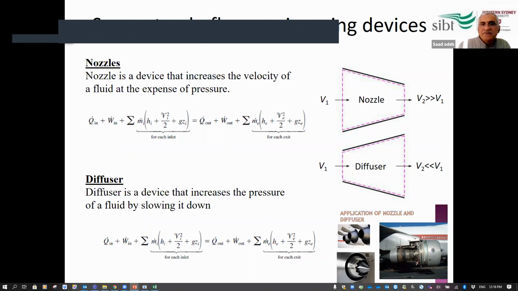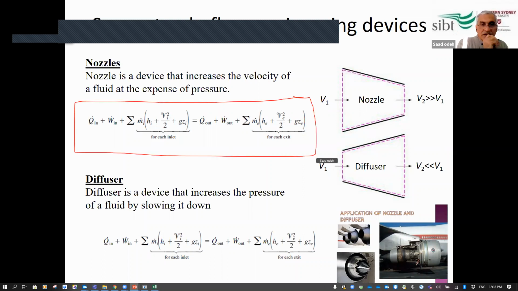We said that the nozzle can be used in different applications, such as jet engines or rockets, to get higher thrust from the engine. And if I apply the equation here, this is the energy equation, the same one we mentioned before. So we should put all the terms and then eliminate the ones that are not applicable.